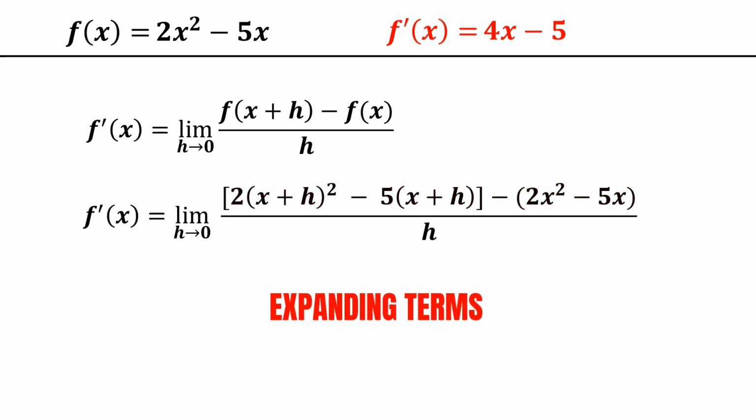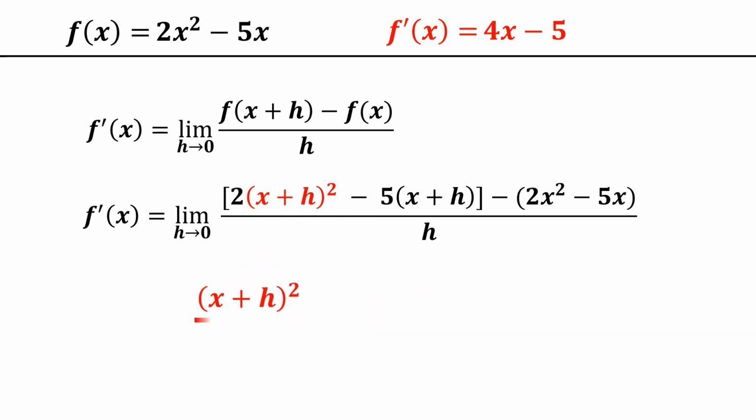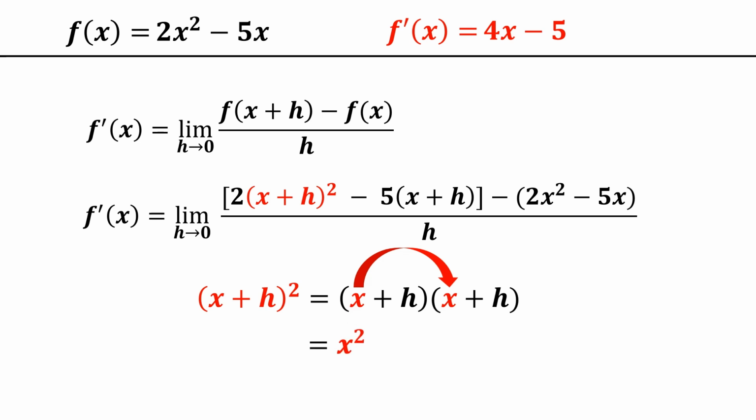Let's begin by expanding the terms in the numerator, and we start with this (x + h)². We know that (x + h)² is equal to (x + h) multiplied by (x + h). To expand this, we start by multiplying x in the first bracket and x in the second bracket together, in which we get x².